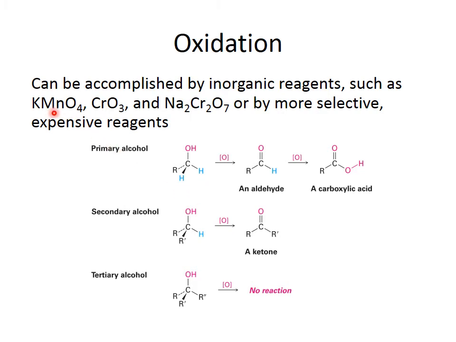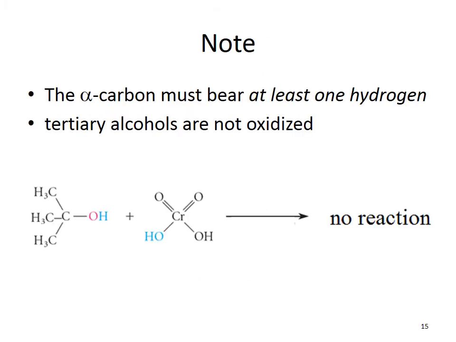So these reagents would take a primary alcohol all the way to a carboxylic acid. Secondary alcohols have to stop at the ketone, so these would take a secondary alcohol to a ketone. And of course, even these harsh reagents up here will not oxidize a tertiary alcohol.